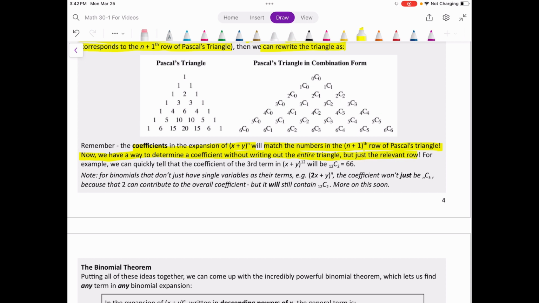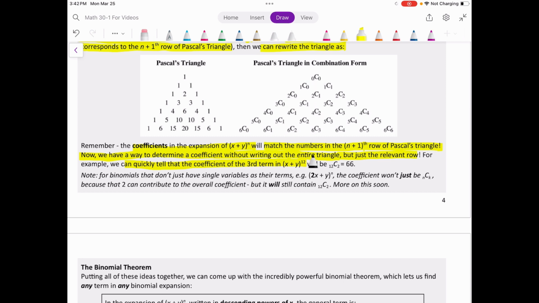So for example, we can quickly tell that the coefficient of the third term in (x plus y) to the 12, well, it will match the n plus 1th row. So we can say it'll be 12 choose 2, which is just 66, right? The third term, why? Because 0, 1, 2, 0, 1, 2. So the third term, we're going to do choose 2, right?